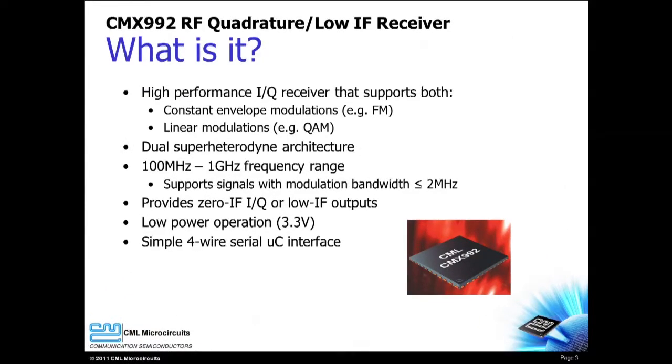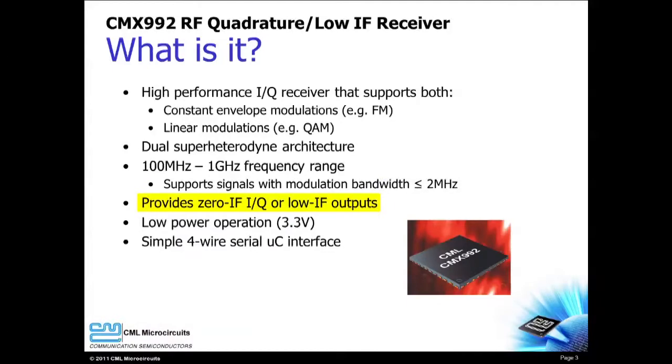The CMX992 is a high-performance IQ receiver that supports both constant envelope and linear modulations. Dual superheterodyne architecture allows the CMX992 to provide outstanding interference immunity. A frequency range from 100 MHz to 1 GHz is supported by the CMX992, and it supports signals with modulation bandwidth up to 2 MHz.